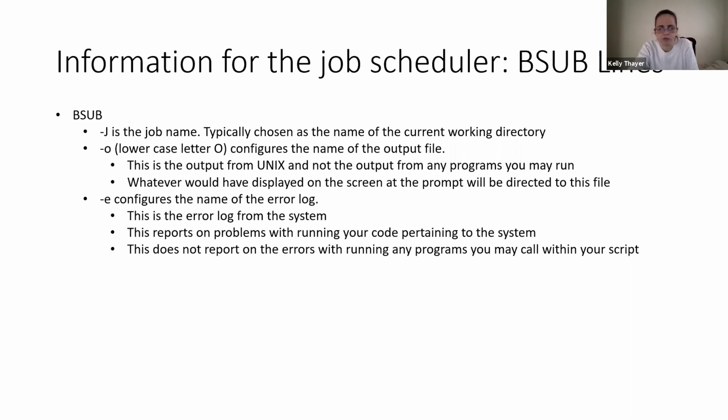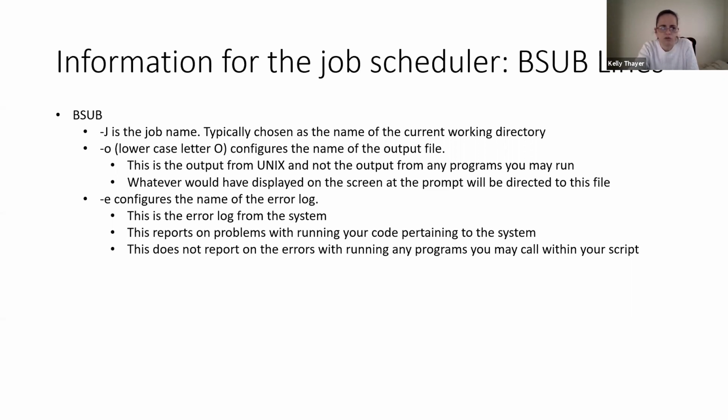So if you type some Unix command and let's say you make a typo, it will tell you something back on the screen. So what will happen to stuff that would have gone to the screen? Well, it gets redirected to the output, and that's why we call things standard out. Standard out usually means your screen, but in this case, standard out becomes your output file, which collects what would have been on your screen into a convenient output file.